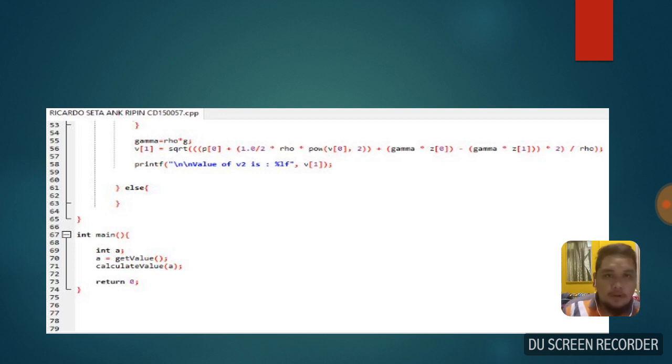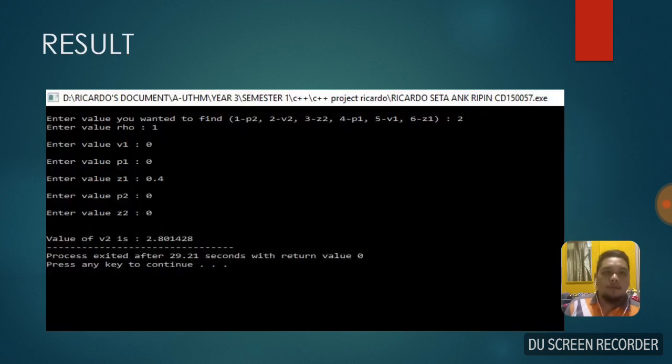Okay, this is when I compile and run the project. From this program, I've chosen number 2, that is to find the velocity at point 2. Enter rho equal to 1, v1 is equal to 0, p1 is equal to 0, z1 is equal to 0.4 meters, p2 is equal to 0, z2 is equal to 0.